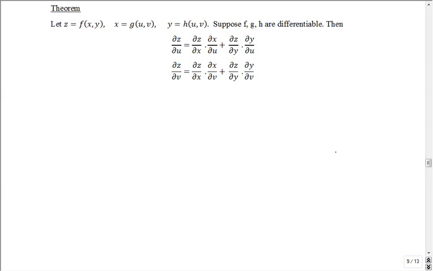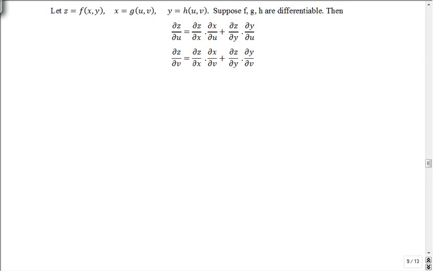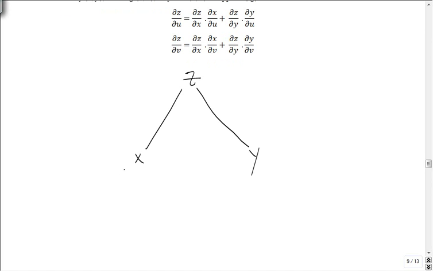Okay, again, let me show you how you can draw a little tree diagram to help you learn that better. So z is a function of x and y, right? And both x and y are functions of u and v. u, v, u, v.